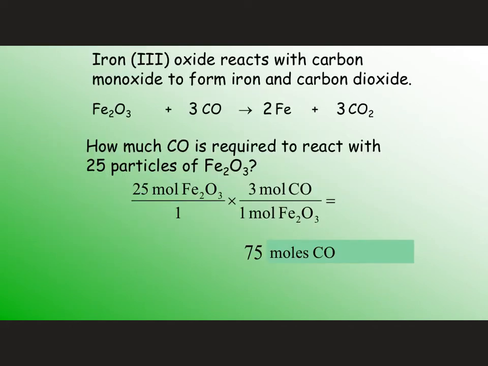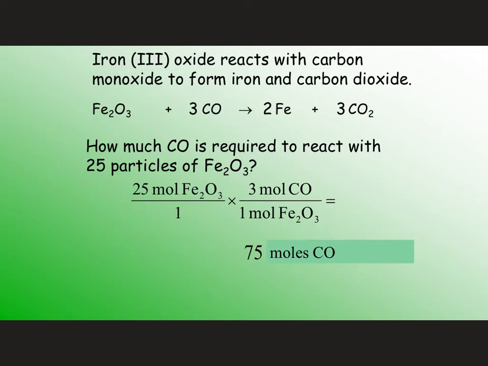So we're going to use this equation for the next couple examples. We have iron 3 oxide, the 3 meaning a plus 3 on the iron, hence the 3 outside of the oxygen, and then a minus 2 of the oxygen. So the formula for iron 3 oxide is Fe2O3, that's also known as rust. That's going to react with carbon monoxide, which is just CO. It's going to form iron, regular Fe, and carbon dioxide, CO2.